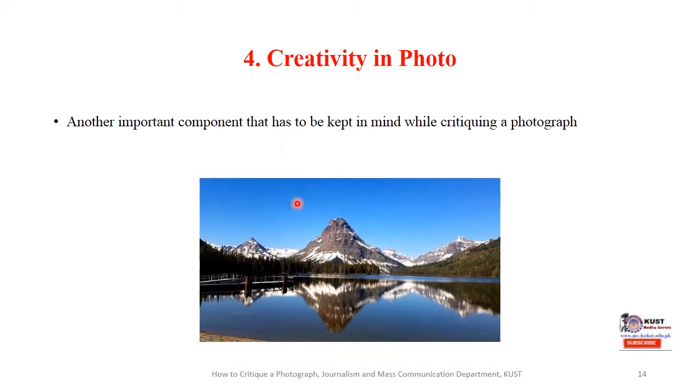Look at this example and you will come to know that in this picture we have mountains, we have snow, we have greenery over here, and what the photographer is doing is using the element of creativity, and the shadow of this greenery, these plants and mountain can be reflected in the water, we can see over here. So we can see that it is a very creative picture taken by the photographer.